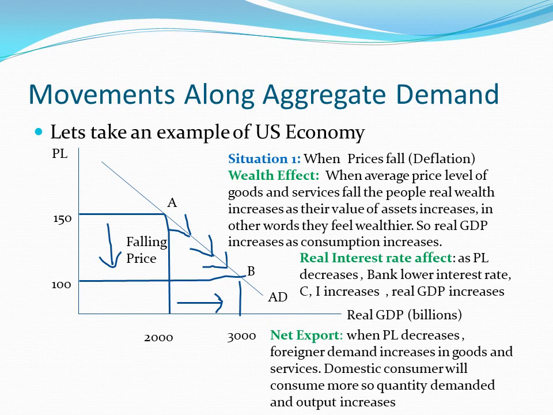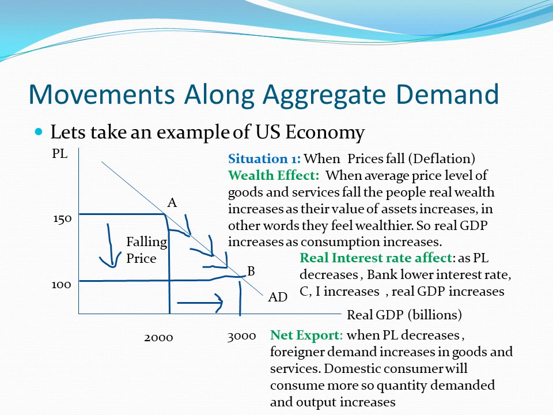The arrows show downward from A to B, because this is a situation when prices have fallen, and when prices fall, there is an increase in real GDP or increase in real output.